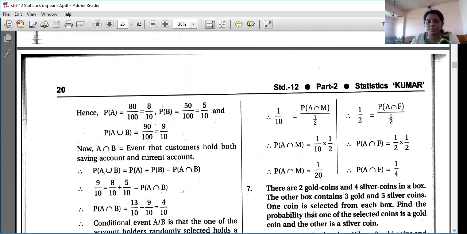So by cross multiplication, you will get P of A intersection M equal to 1 by 10 into 1 by 2, that is P of A intersection M equal to 1 by 20.